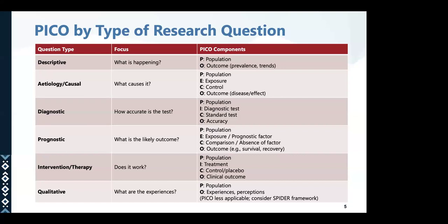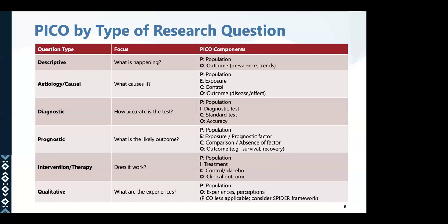So of course, in terms of type of research question, you can have a descriptive, an etiology or causal, a diagnostic, a prognostic, an intervention, which most of the time can compare pharmaceuticals, but it can also be just comparing different lifestyles in regards to one particular condition. It can also be just comparing behavior. It's still an intervention. And then we have qualitative, because all of what we said previously are quantitative.